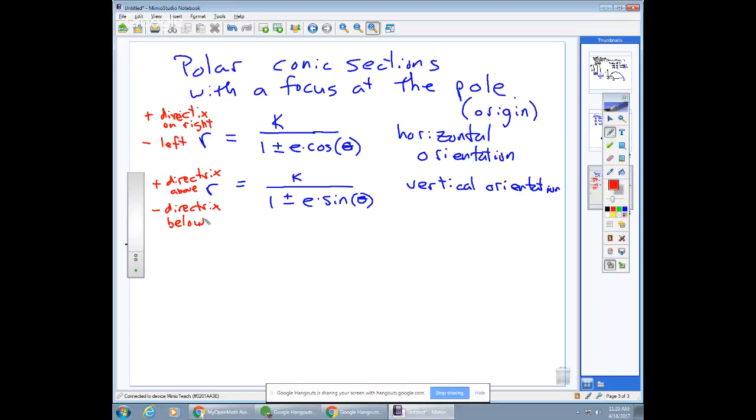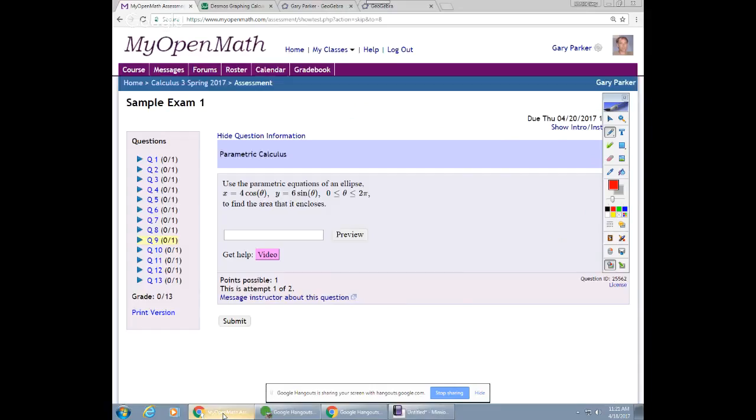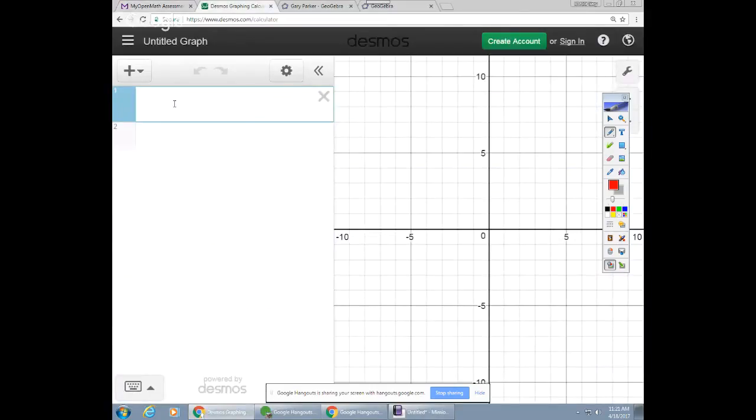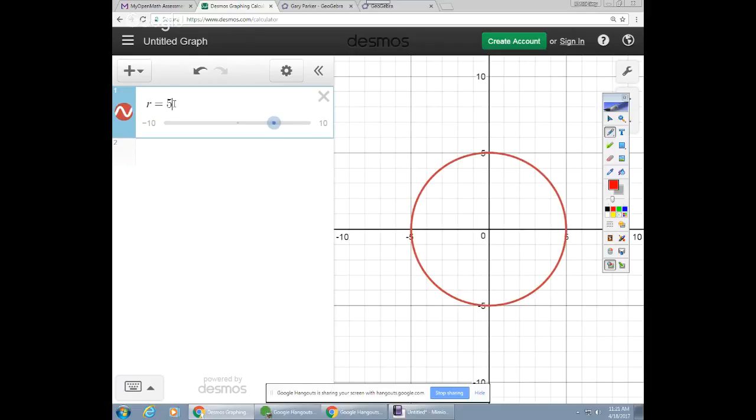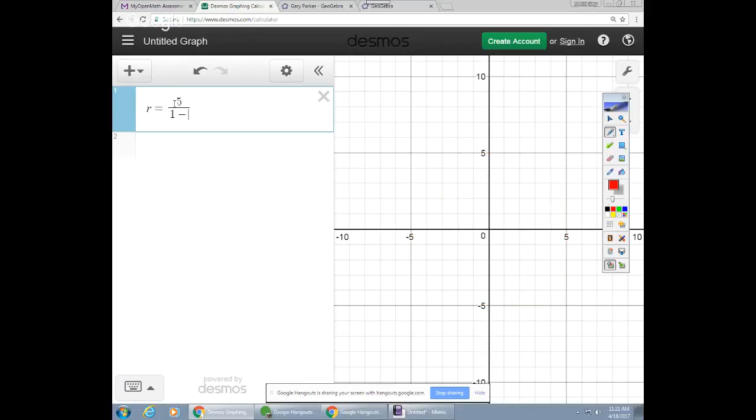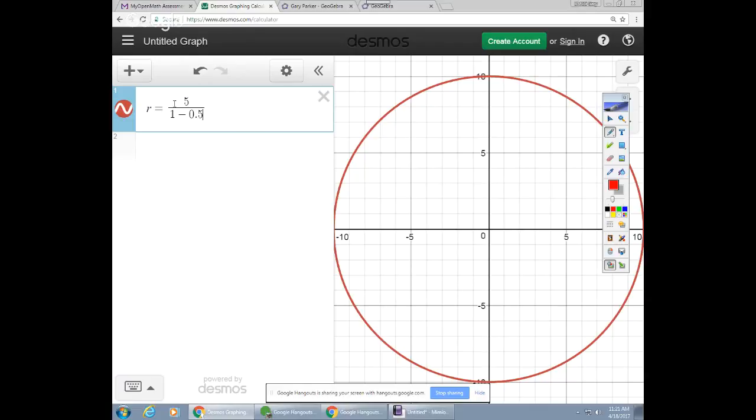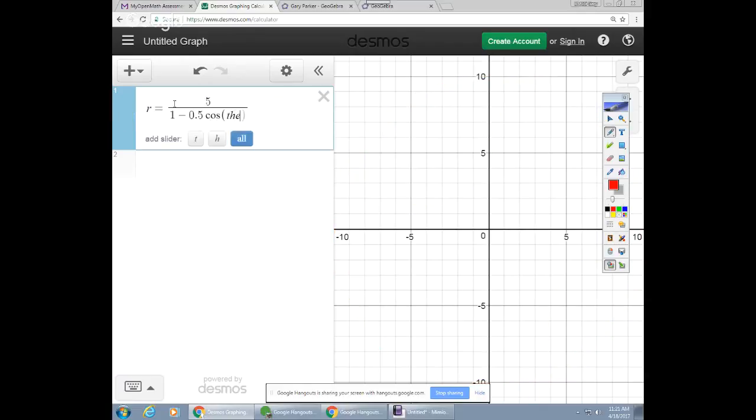So if you have a polar grapher, let's mess around with some numbers and see what we get. I think I will use Desmos. It does polar graphs way easier. For example, let's look at r equals 5 divided by 1 minus 0.5 times the cosine of theta.